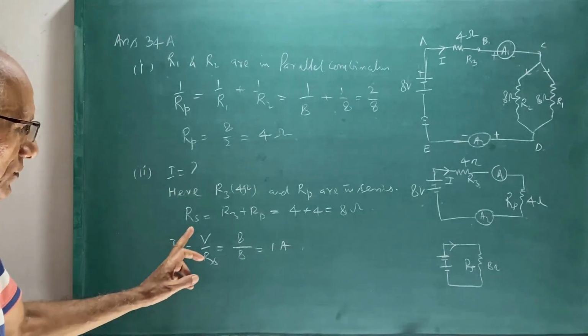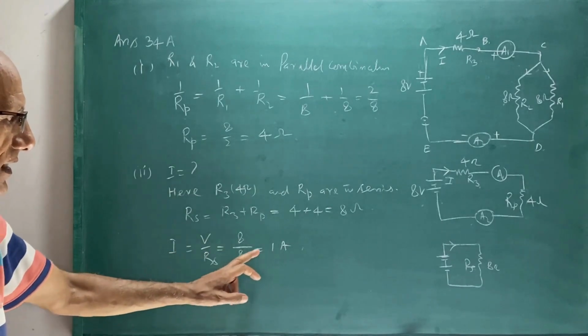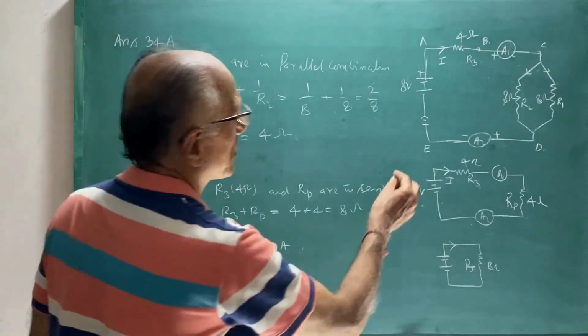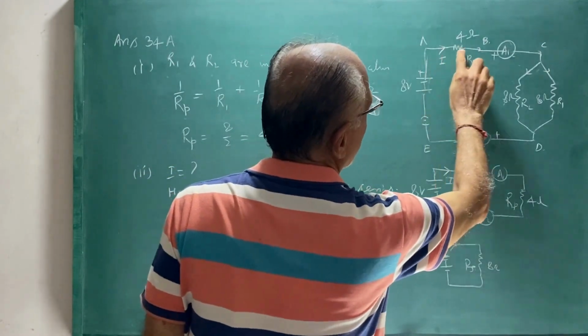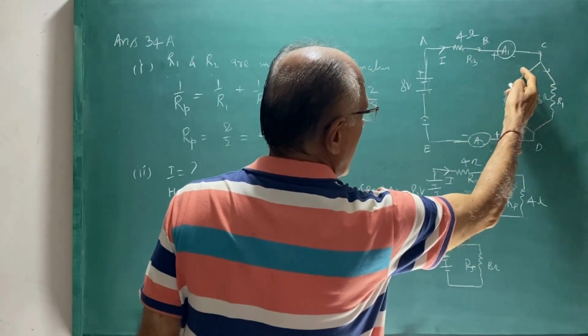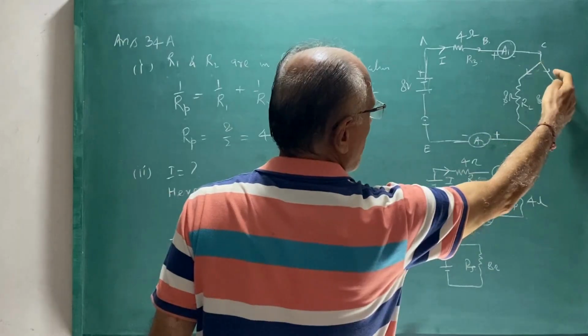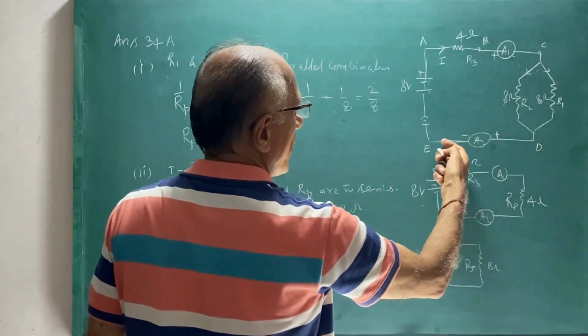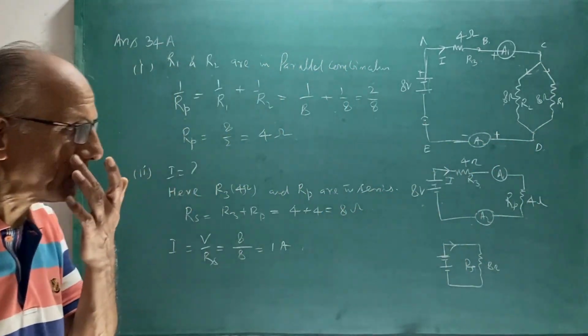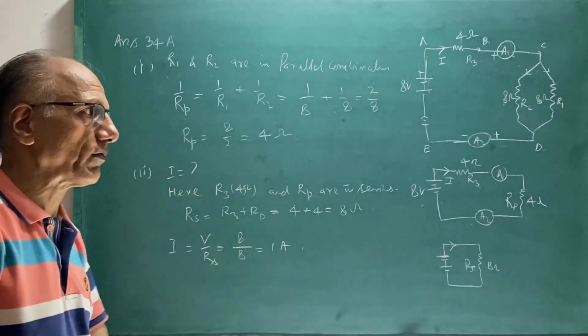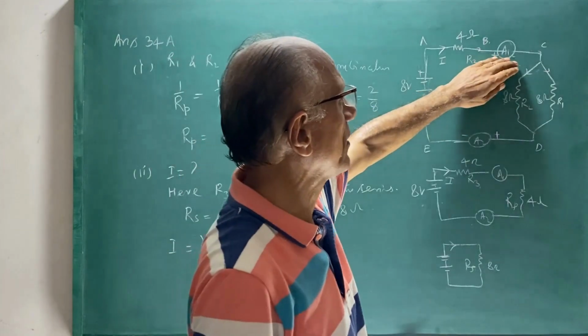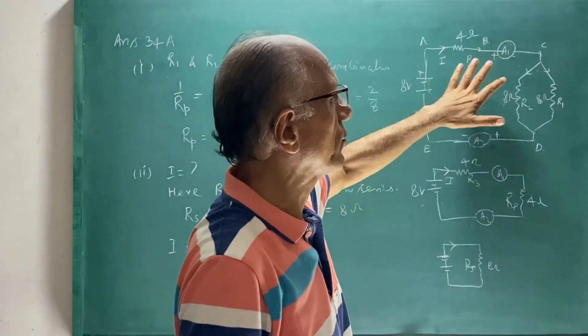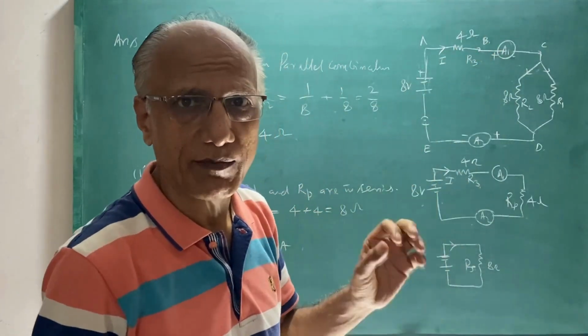So I will be equal to V by Rs, that is 8 by 8, that is 1 ampere. That means the current here will be 1 ampere, and then 0.5 ampere will pass through here, and 0.5 will pass through here, and then finally this. The reading of A1 and A2 will remain the same. If the question asks what is the reading of A1 and A2, it will be the same, that is 1 ampere each.